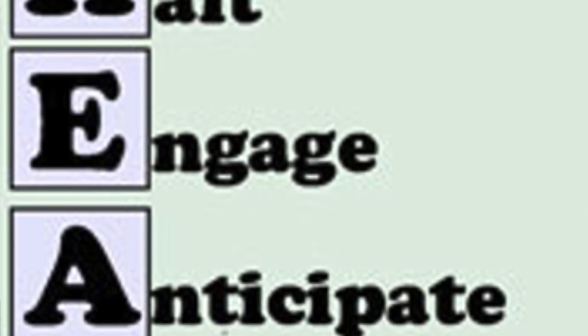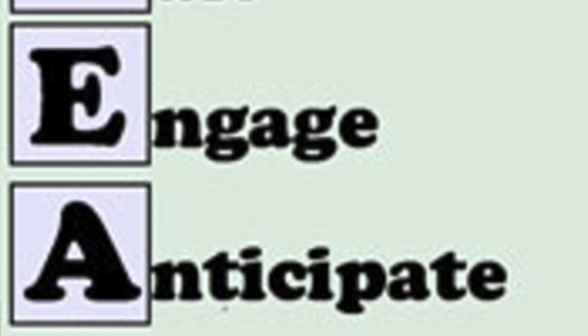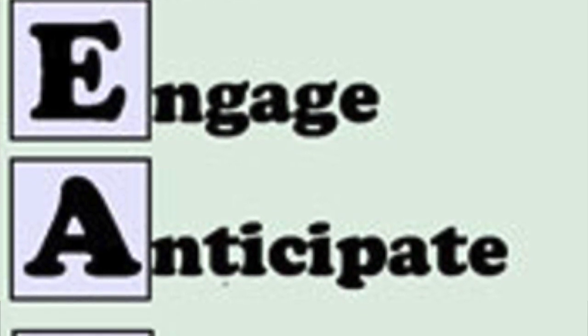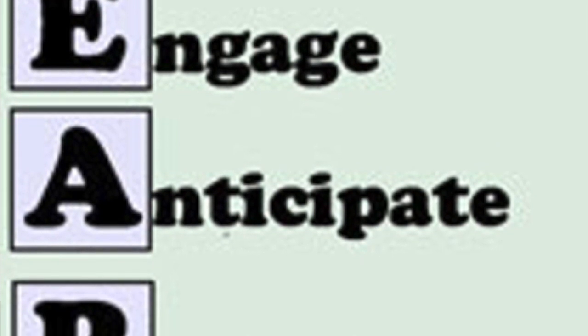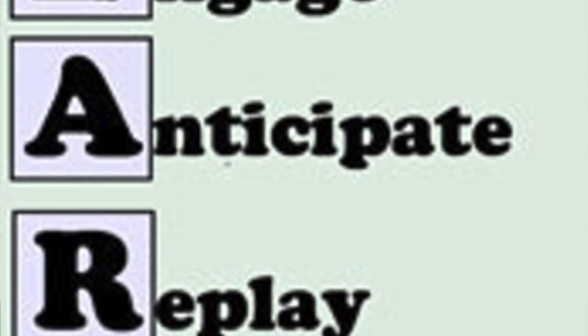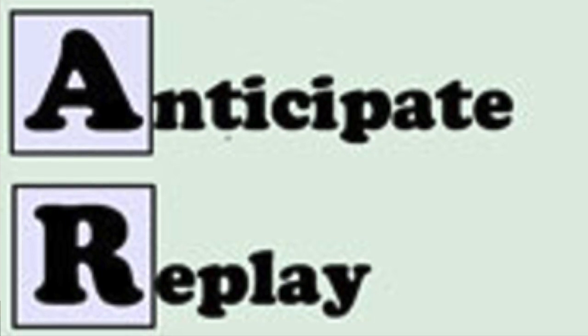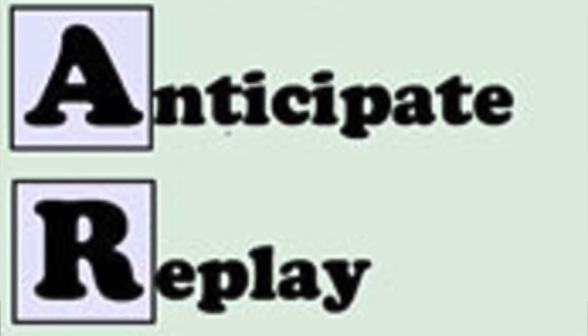Anticipate. By looking forward to see what the speaker is about to say, you're letting the speaker know that you're interested. And lastly, for the R, replay. Think about what the speaker just said. And by analyzing and reflecting on that, it's going to help students understand what the speaker is trying to convey.